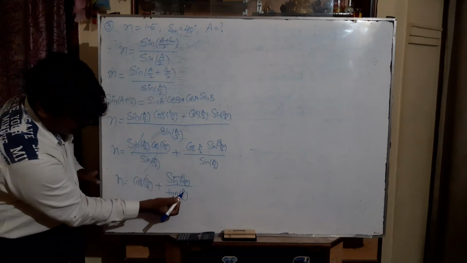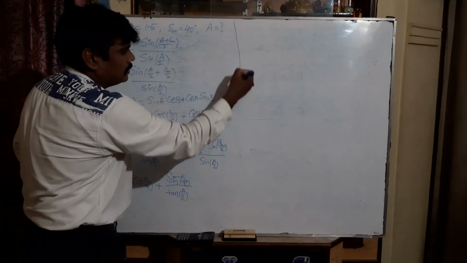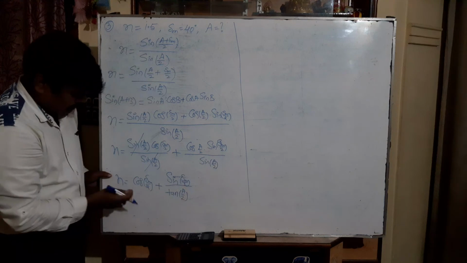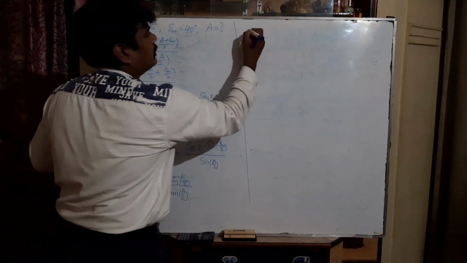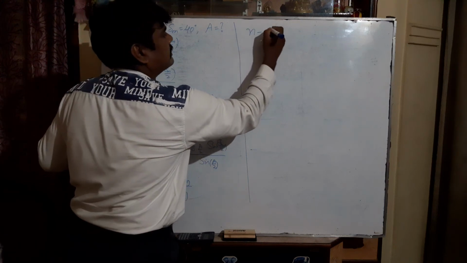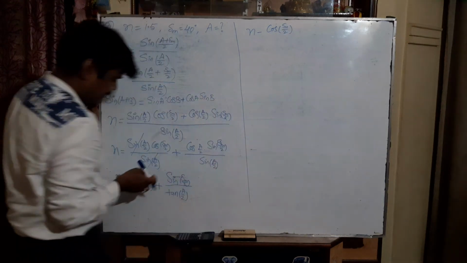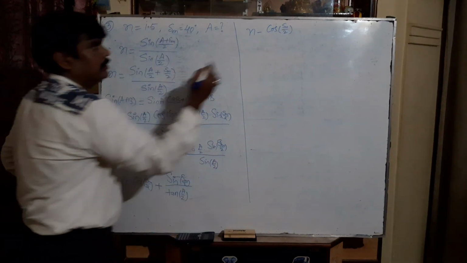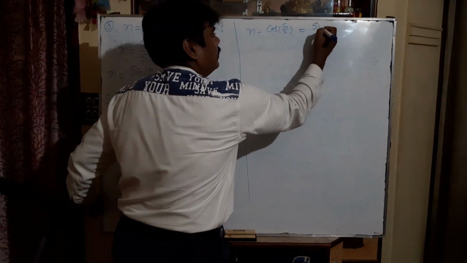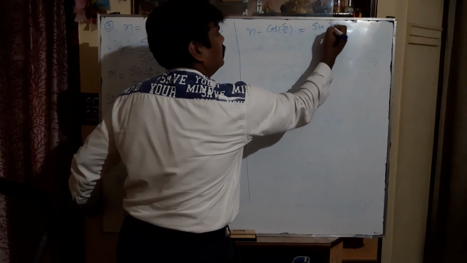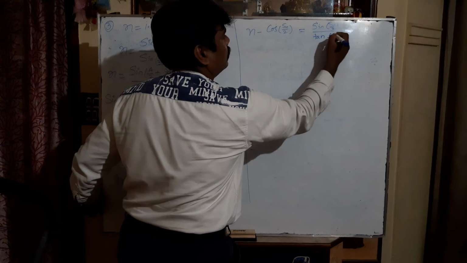Now the term A becomes only one time. Now we can go for the substitution. I will take this cos delta m by 2 to the left-hand side. In the next step, n minus cos delta m by 2, just transferring from the right-hand side to the left-hand side, is equal to the remaining term, sine of delta m by 2 whole divided by tan of A by 2.